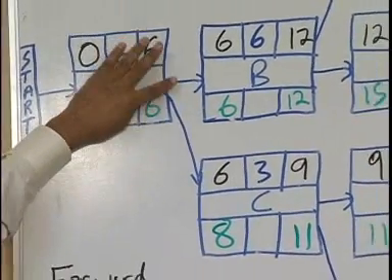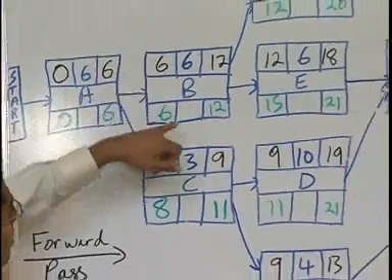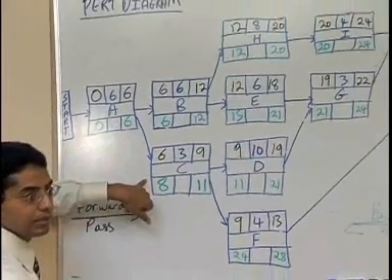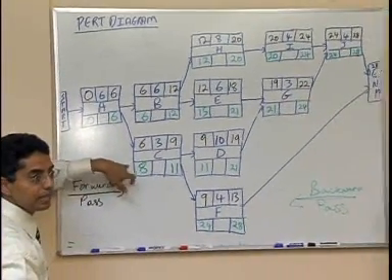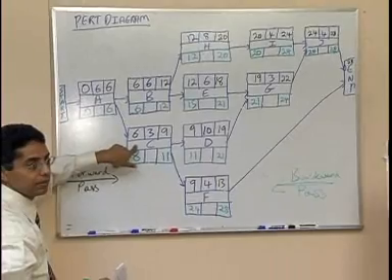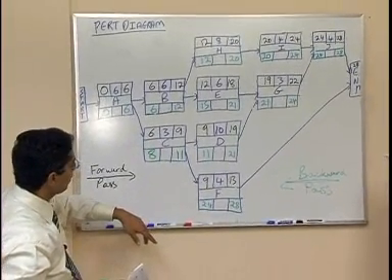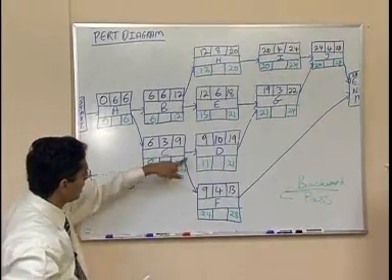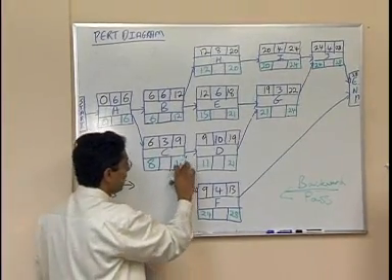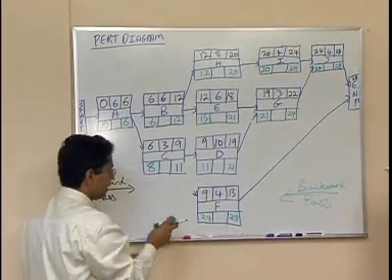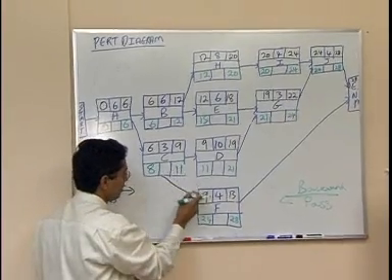If, for instance, this arrow was coming from the top or the bottom, you might have missed that this activity was also involved. Suppose I had this activity coming from this part.